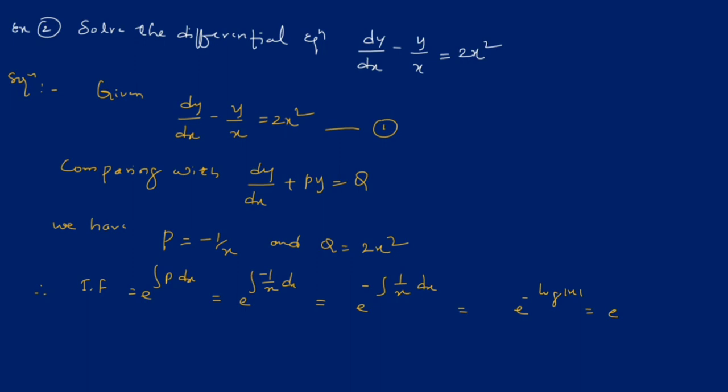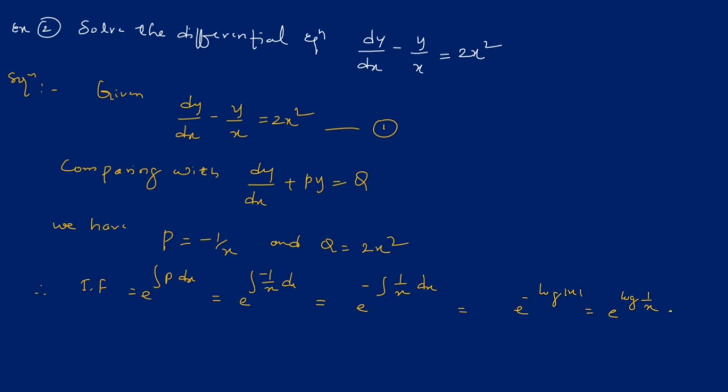it becomes e to the power of log x inverse, which we can write as e to the power of log 1 by x.